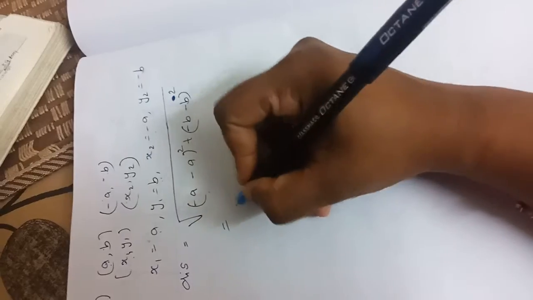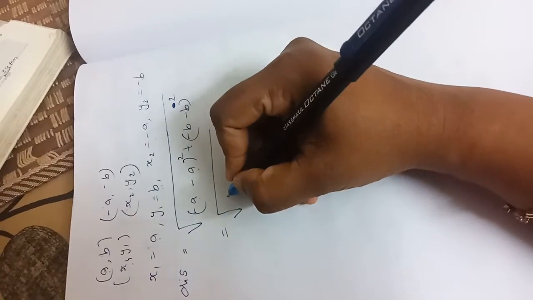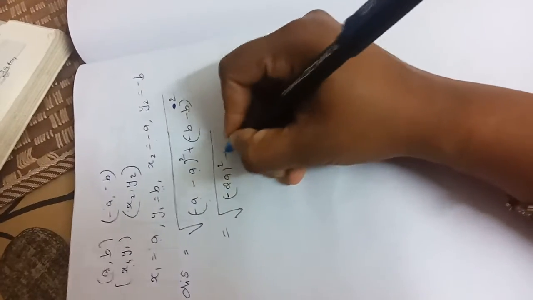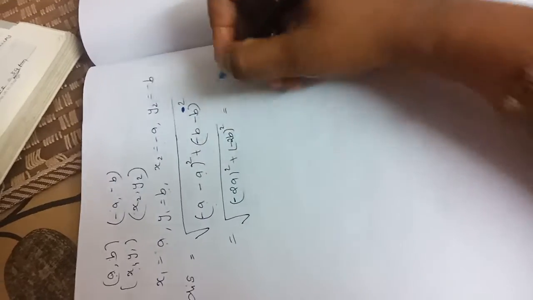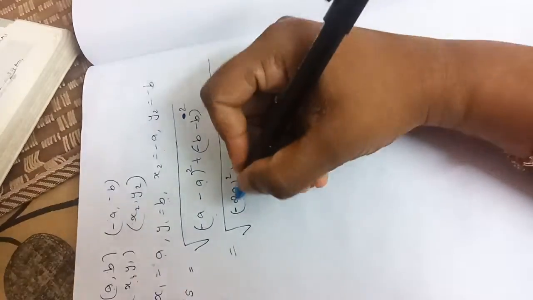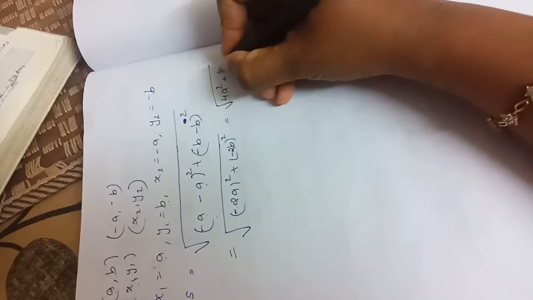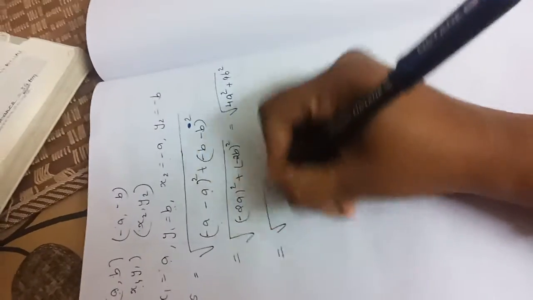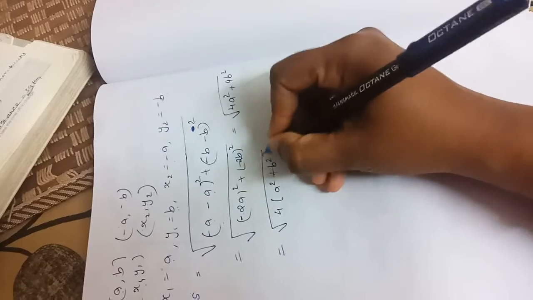Okay, so root of minus 2a the whole square plus minus 2b the whole square. So root of minus 2 square, 4 a square plus 4 b square. Okay, so 4 I am taking outside, 4 is common, so 4 into a square plus b square.